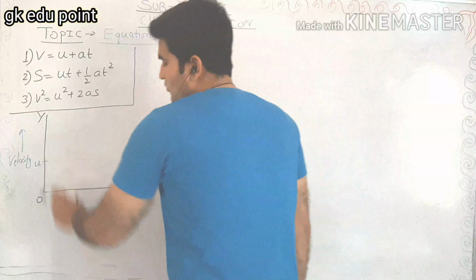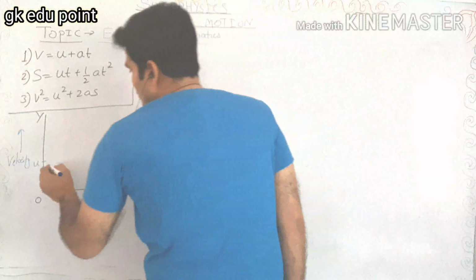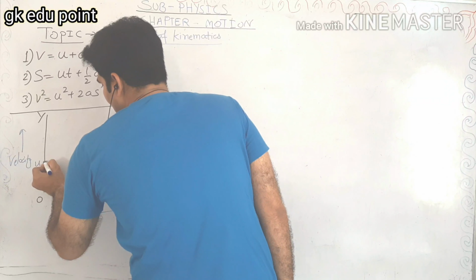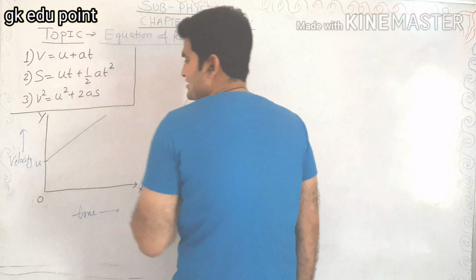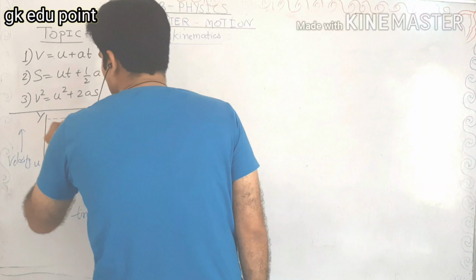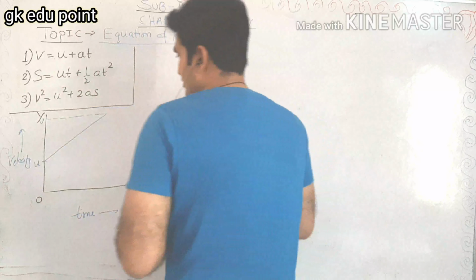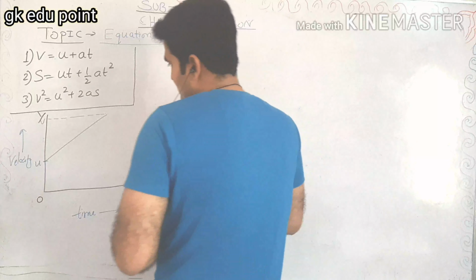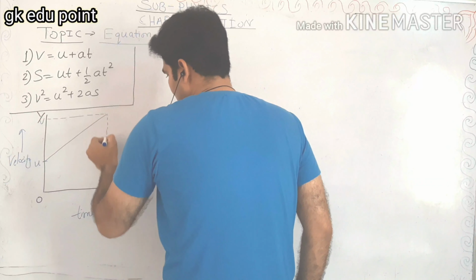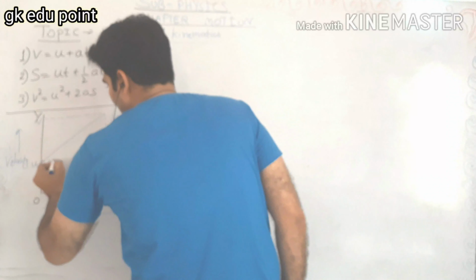At a particular instant the velocity is u, and after time t the velocity changes to v. Now in this graph we have some regions.